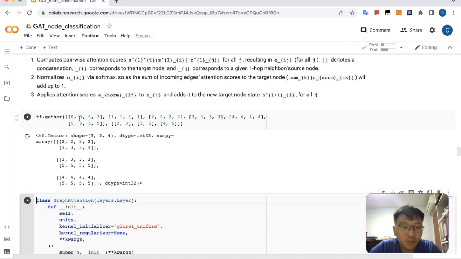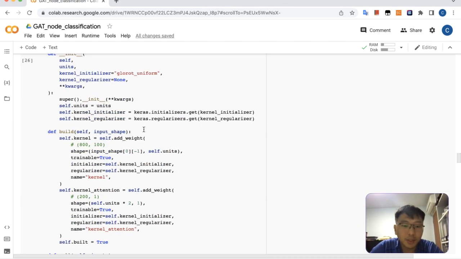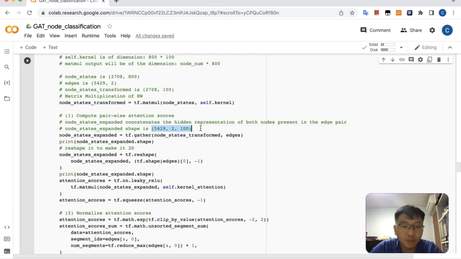The end output should give us, because there's a total of 3 prompts here, each of the prompts has 2 different indices, and each of the indices contains 4 hidden states. So it should be: number of prompts, number of elements in the prompts, and then the vector size of the hidden state. So when we do tf.gather, it should give us 5429 by 200, and then we make it a 2D shape.